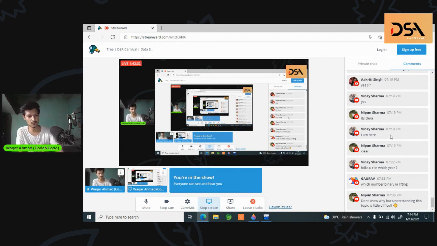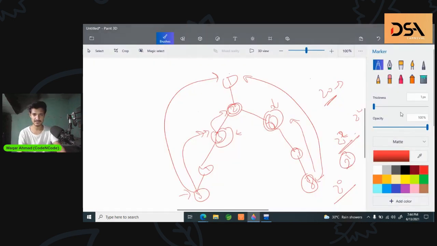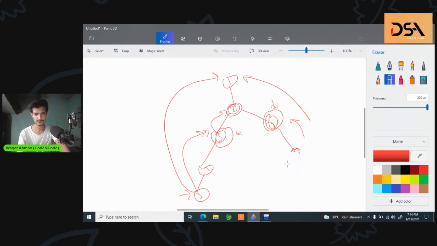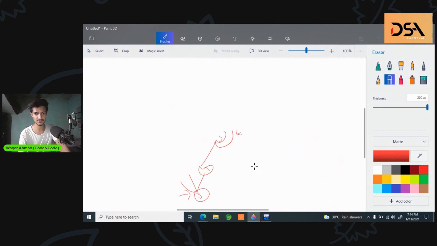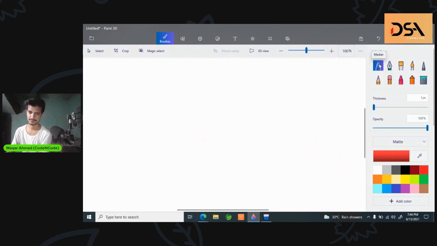because you will be using this. Let me tell you where this will be used. That will be important information for you guys. See where this LCA is used. First of all, find the distance between two nodes.